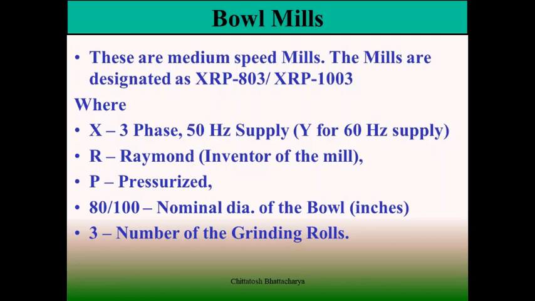The nominal diameter, the pitch circle diameter of the bowl contact area, and the number of grinding rolls are also specified in the nomenclature. So XRP 803 implies the nominal diameter of the bowl is 80 inch, and the last digit 3 implies 3 grinding rolls. This way the nomenclature is made.